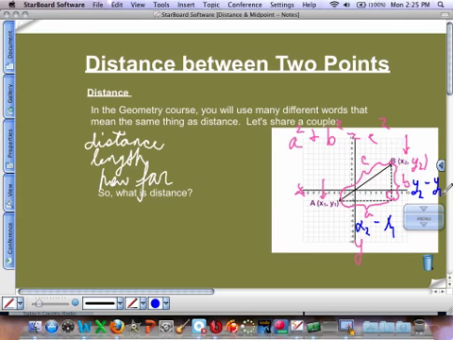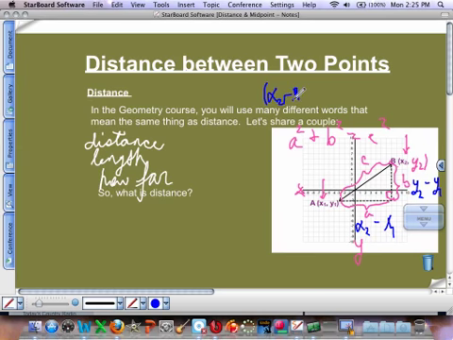What we're slowly doing here is leading you up to the distance formula. So we let a be this horizontal distance, and that becomes x2 minus x1.